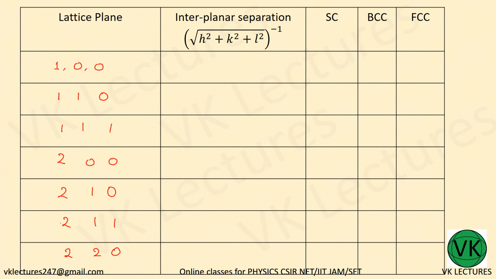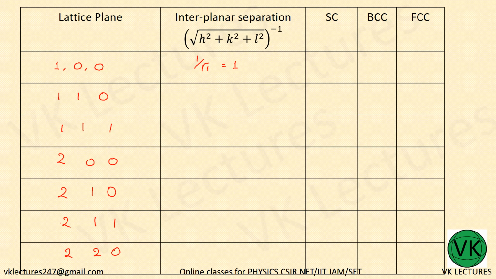And the interplanar separation is 1 by root of h square plus k square plus l square. So we will write 1 divided by root 1, so that's equal to 1, the interplanar separation.